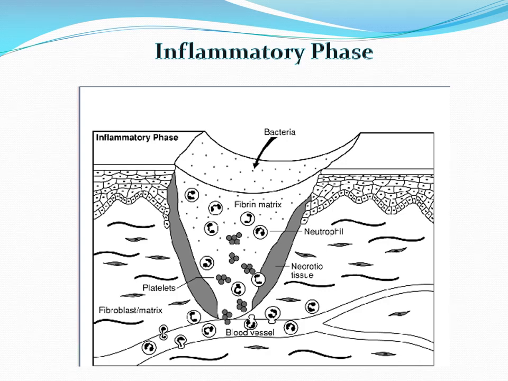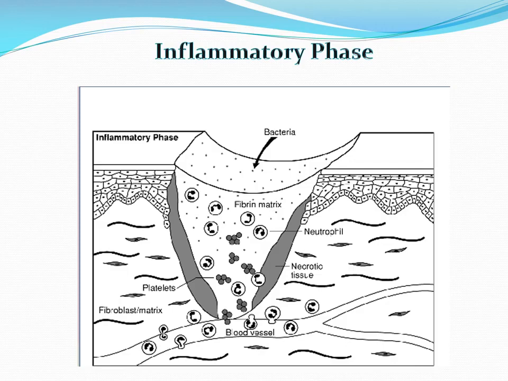So we're going to speak about wound healing in the skin as an organ or tissue. If the skin has been subjected to an insult and there is a break in the skin, the first thing that occurs is bleeding. And this bleeding is the first step of the wound healing process.